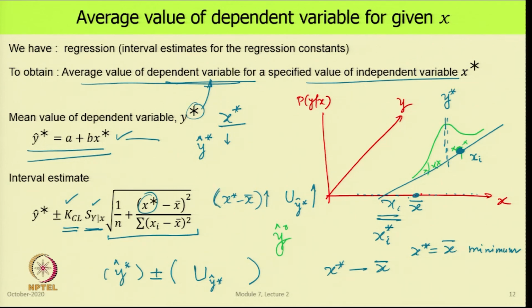We can even say absolute value of this, because it is the square coming here, the negative value does not matter. So, this is just like what we saw in the future value prediction in the earlier case.